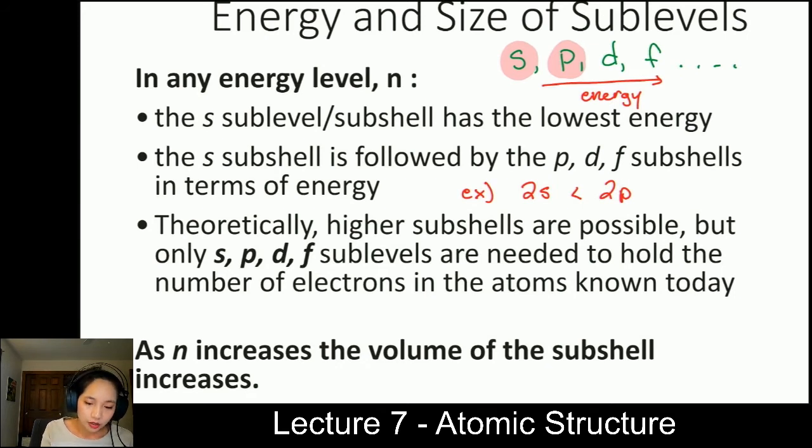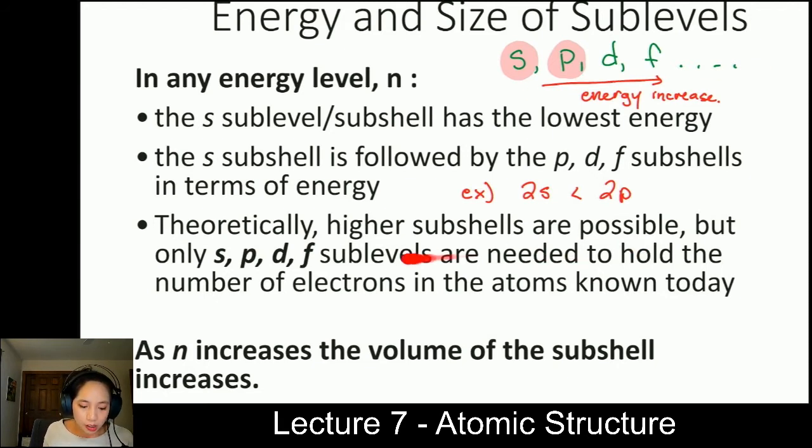So energy increases. But you still have to keep in mind what the possible subshells are for that specific energy level, or main shell, or n number. Lastly, theoretically, higher subshells are possible. If I had an n equals 8, then there are 8 possible subshells, so you would have to count out a total of 8 letters to get there.